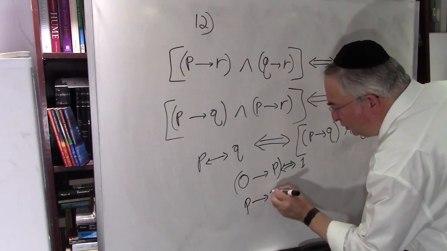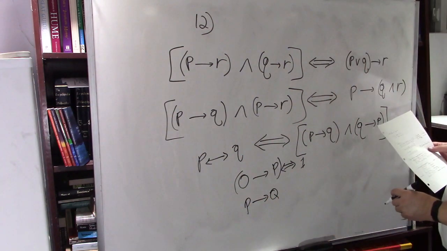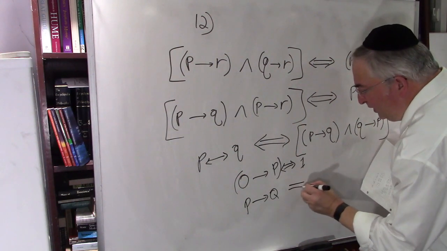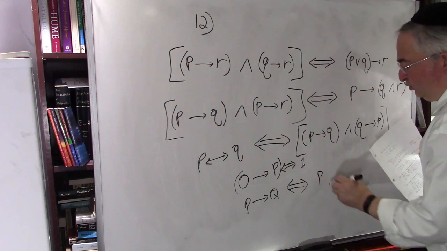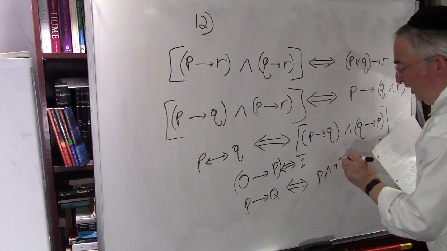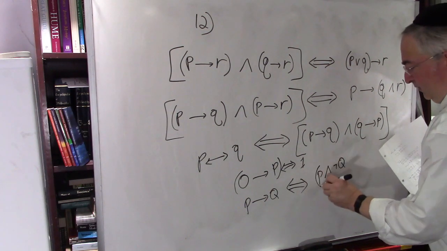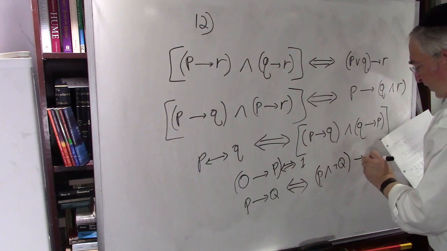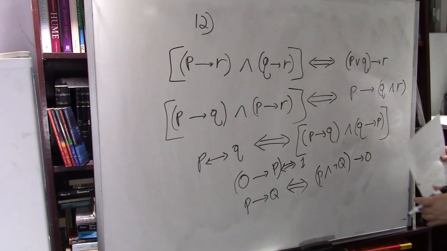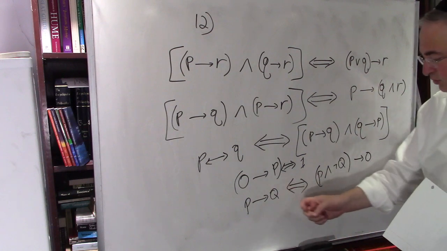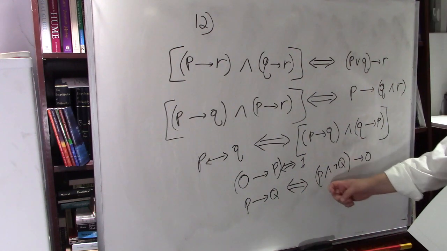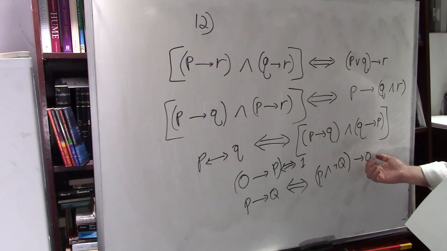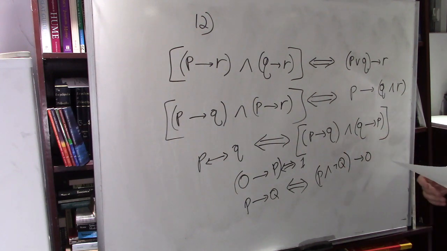P arrow Q is logically equivalent to: if P is true and Q is false, that implies 0. If P implies Q, then if P is true and Q is false, that implies a contradiction, false.